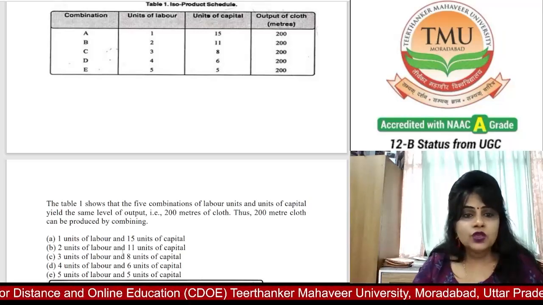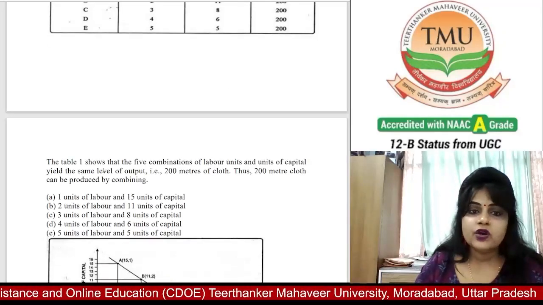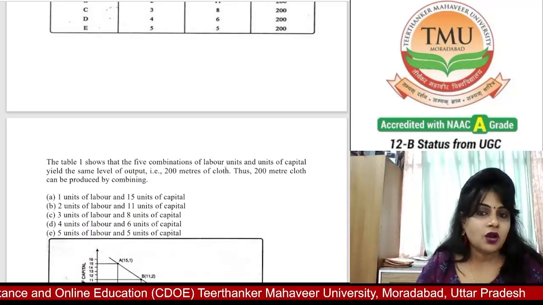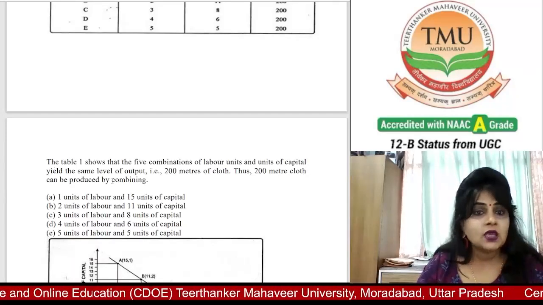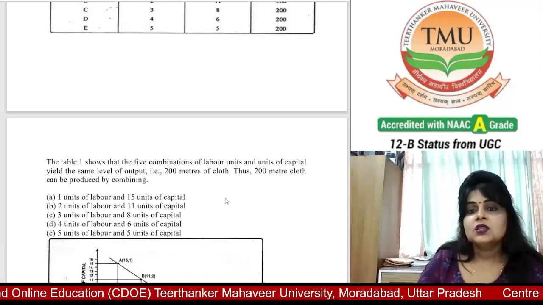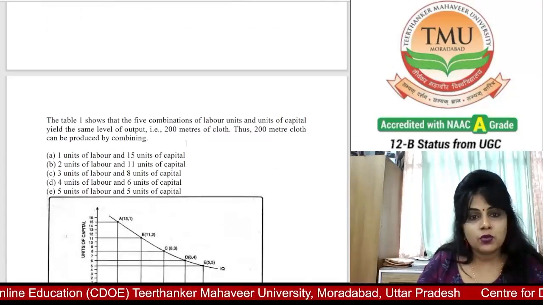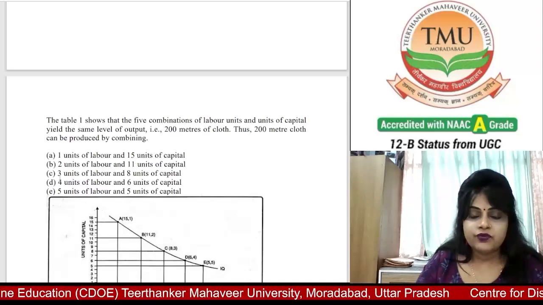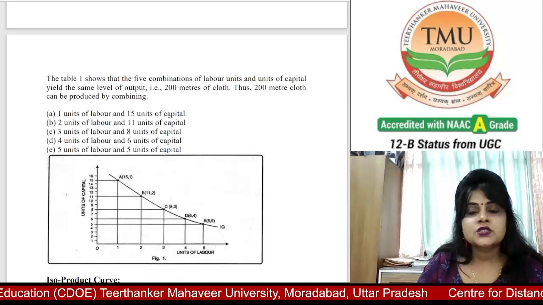Now we see the table here. Table 1 shows the 5 combinations of labor and capital units that yield the same level of output, 200 meters of cloth. Thus 200 meters of cloth can be produced by combining, at first point A, 1 unit of labor and 15 units of capital.